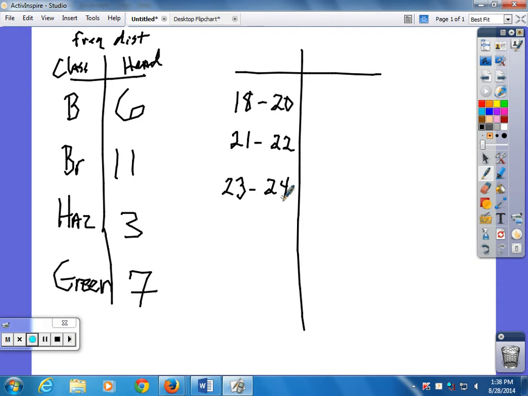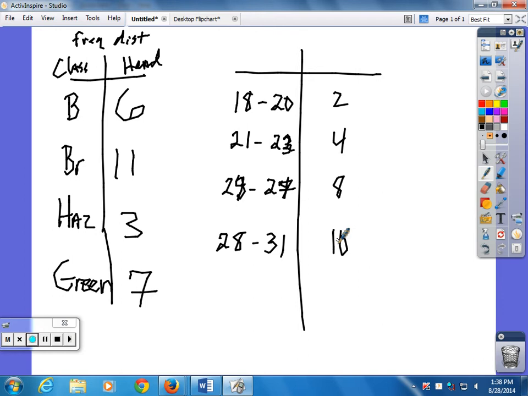No, that should be 24. I have to keep the same class width. 28 to 31. Okay. So here are my classes. And 2, 4, 8, 10. And there's my head count. And that is a frequency distribution.